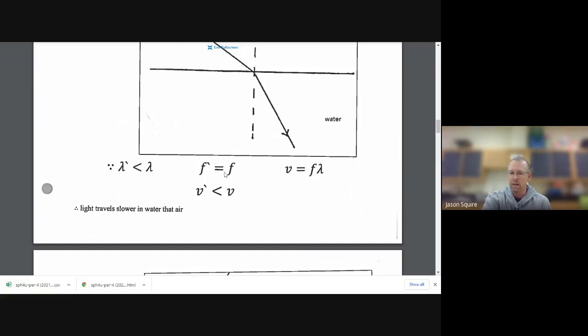But if they both have the same frequency and they're both still waves, they have to abide by the universal wave equation. So have a look what happens. Frequency stays constant, so the speed and the wavelength are directly proportional. And if the wavelength is smaller in the shallow water, that means the speed is smaller in the shallow water.